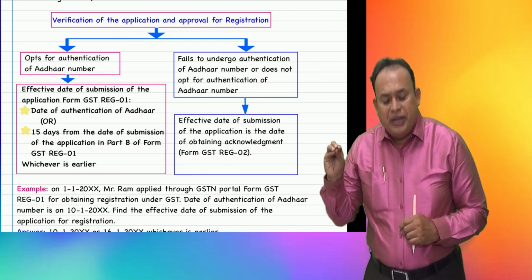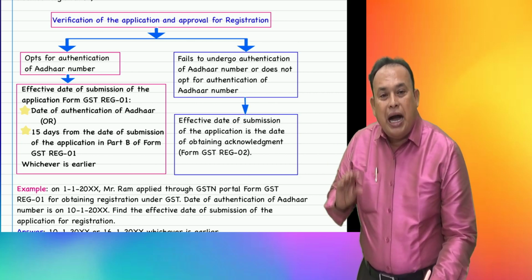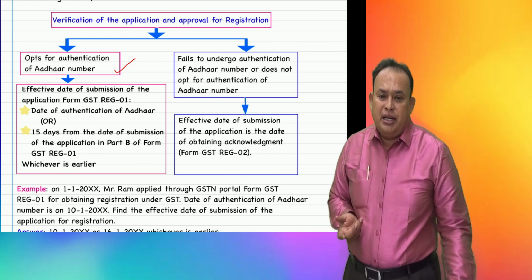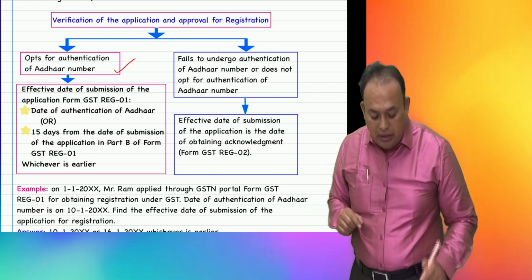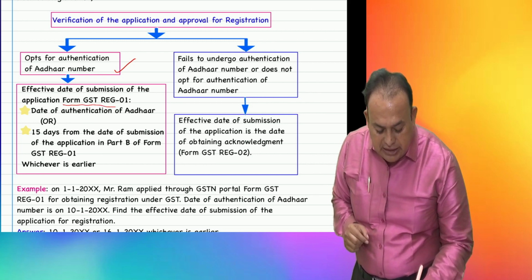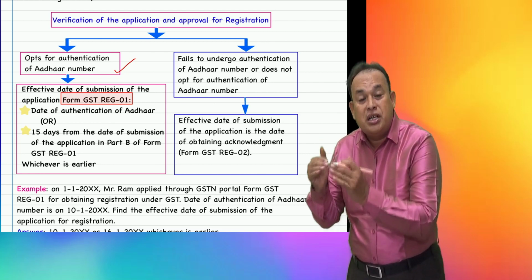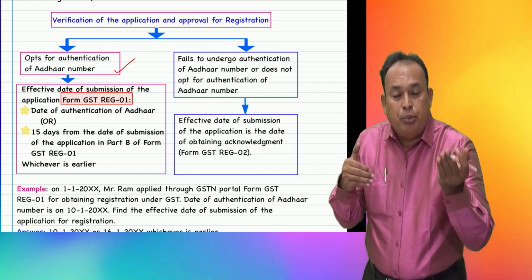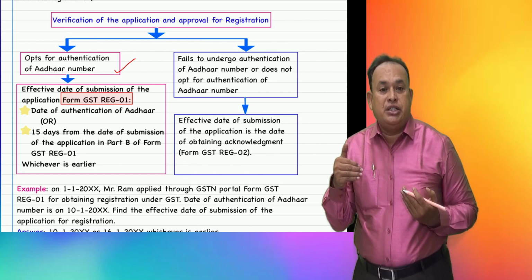In the case where you authenticate the Aadhaar in the GST network portal, what is the effective date of submission of the application, namely form GST REG01, in the case of Aadhaar authentication? Because from that date onwards, within 7 working days the department will grant the certificate of registration, form GST REG06.